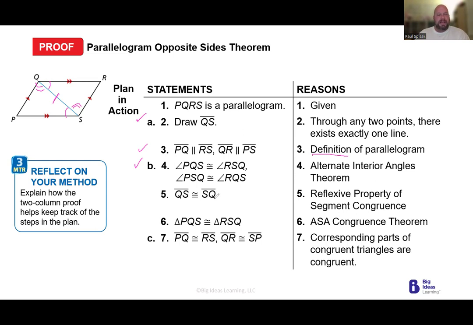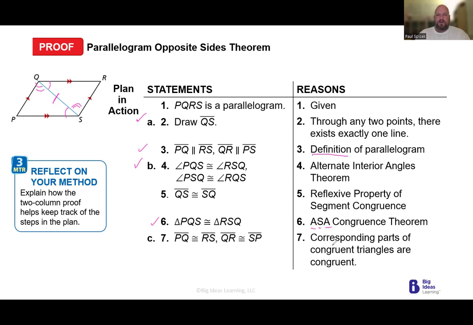But we have that magic number. We have 3 parts in both triangles. So in each triangle, we have an angle, a side, and another angle. And it's in that order, 2 angles and an included side. So we're able to say now that the triangles are congruent because of angle, side, angle congruency. And once you say that the 2 triangles are congruent, then you can say that all the other corresponding pieces are congruent.